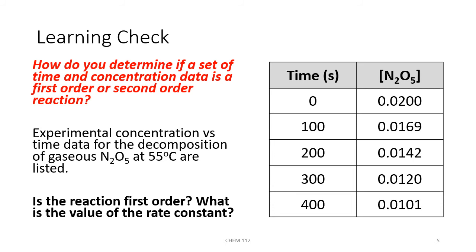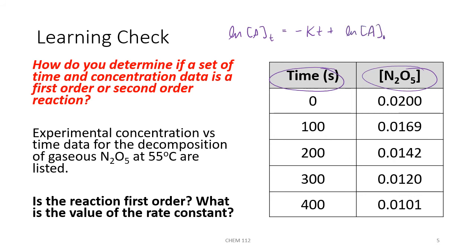So if we want to answer if the reaction is first order and we're given time information and concentration information, recall that the first order integrated rate law equation is the natural log of concentration equals negative k times t plus the natural log of our original concentration.